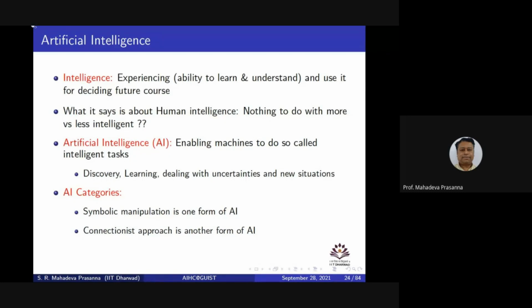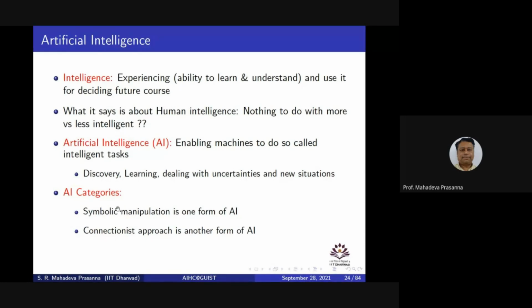Now, what we are trying to do is mimic this intelligence approach of humans on a machine. For example, what does experiencing mean? You discover, you learn, then use this learned information, and deal with uncertainties and new situations. Those are the hallmark characteristics of intelligent abilities, and we want to mimic such abilities on a computing machine.